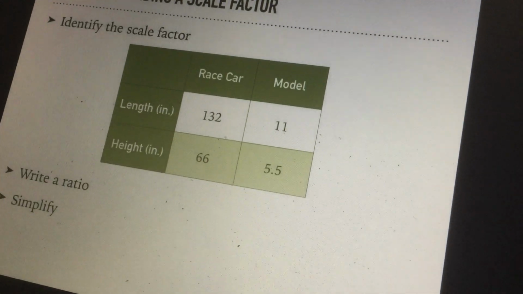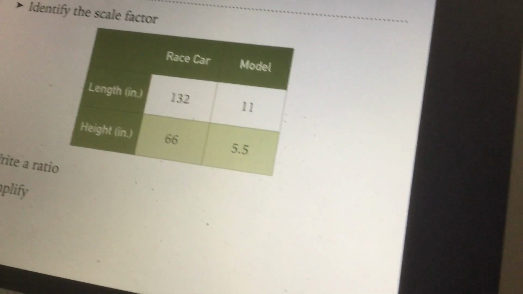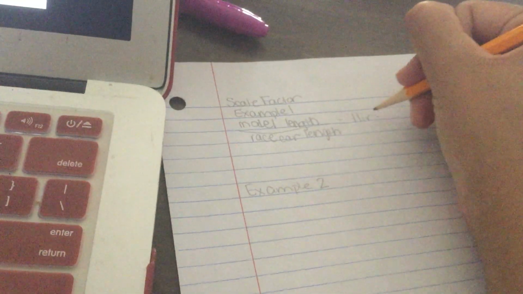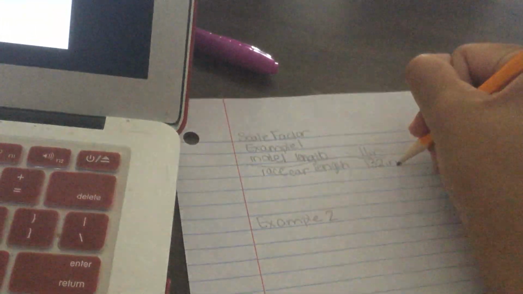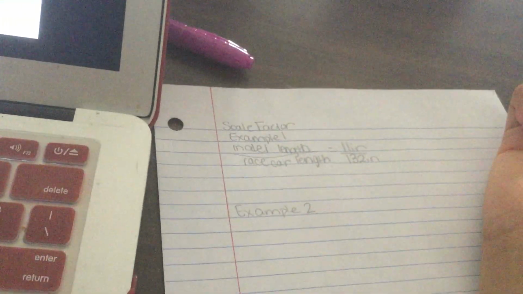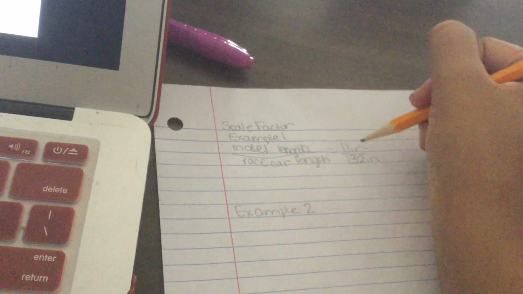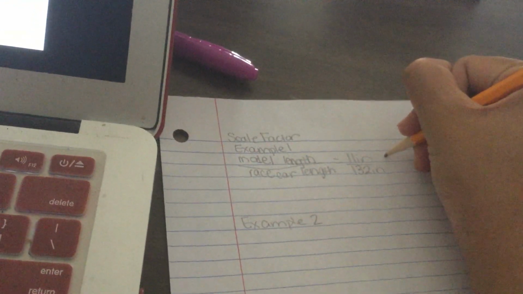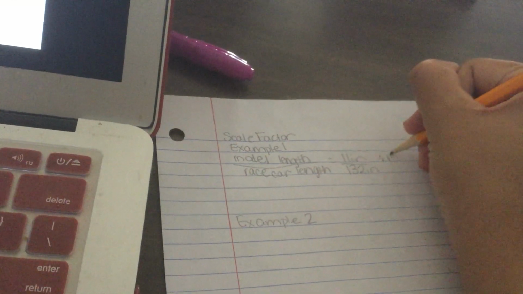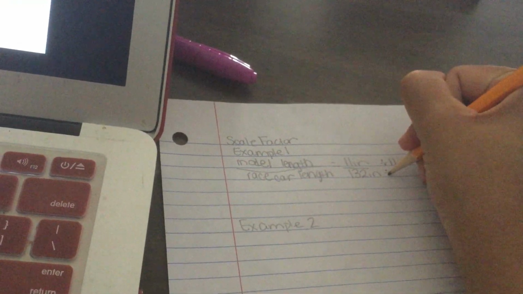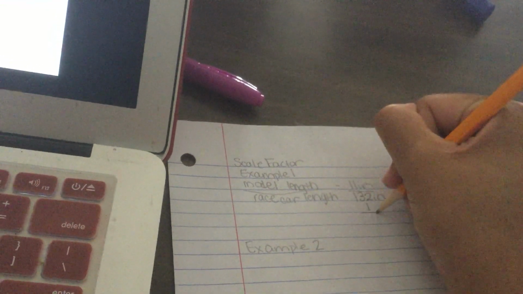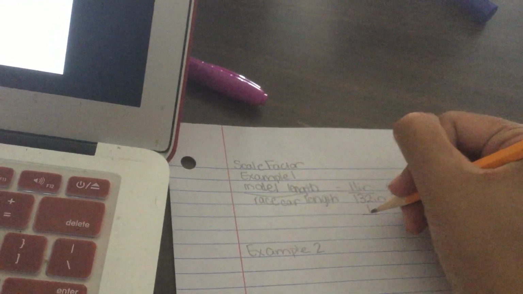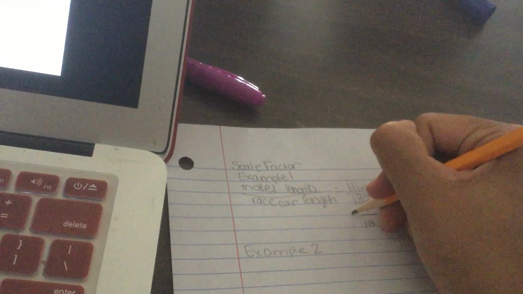Your model length is 11 inches and your race car length is 132 inches. This is your scale factor. The last thing that you must do is simplify. 11 and 132 have a greatest common factor of 11. 11 divided by 11 is 1, and 132 divided by 11 is 12.